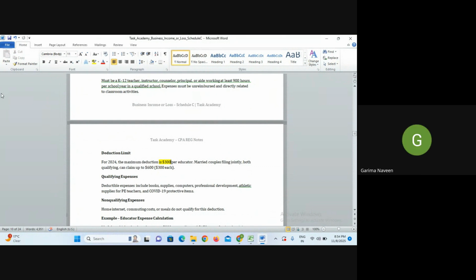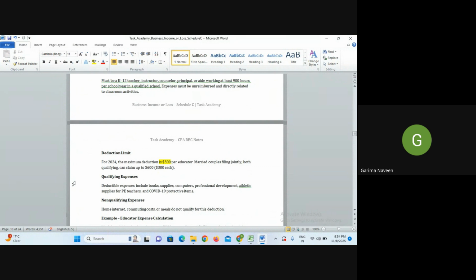Yes, but it should be related to your qualified expenses, like if you are purchasing certain books, supplies, computer, any COVID-19 protective items, athletic supplies for a physical education teacher, related to your education part.